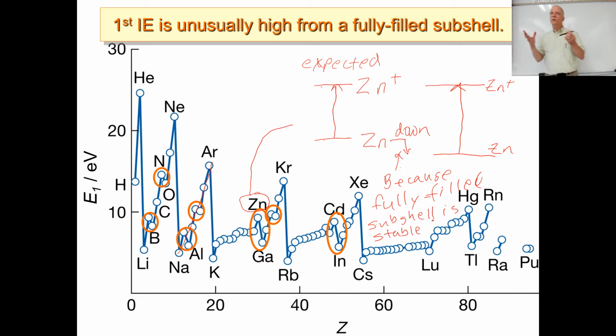So do you see how we interpret the data? We look at the data, we have a trend, and we say, wow, zinc is higher than normal. It's harder to ionize than we'd expect. And so the information that we pull out of that is that the neutrals for fully filled subshells ought to be more stable than we expect. Okay? And so since the neutral dropped, we have a harder time ionizing that.